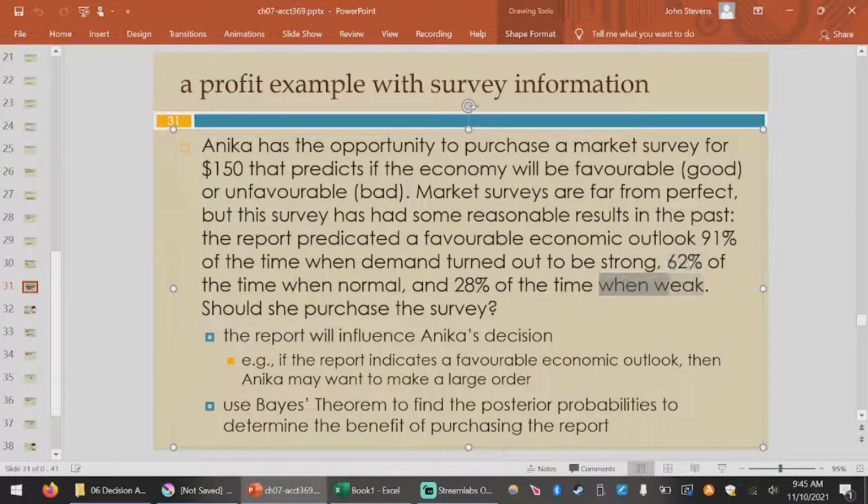When the market is weak, then it'll say favorable 28% of the time, which would actually kind of be the wrong decision, right? So you want that to be fairly low. And then we have to figure out, is it worth it for her to use this survey as an extra bit of information in her decision-making process.